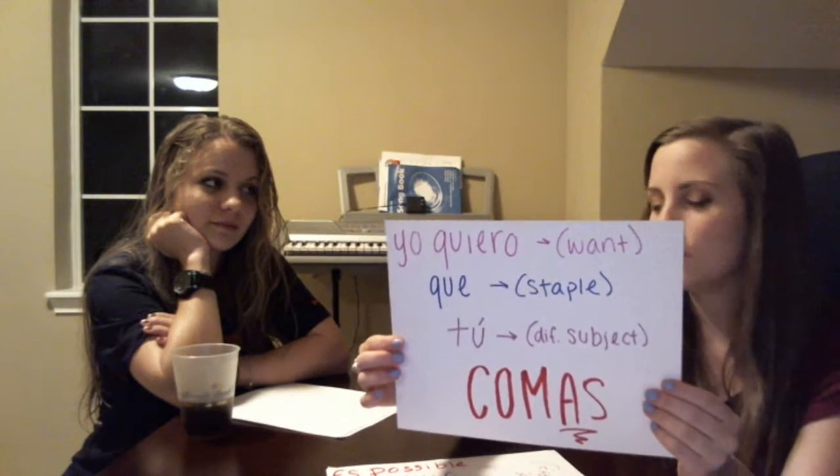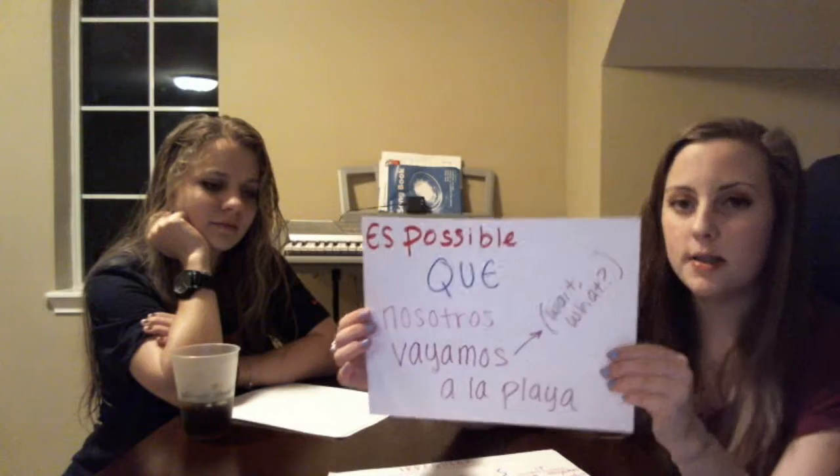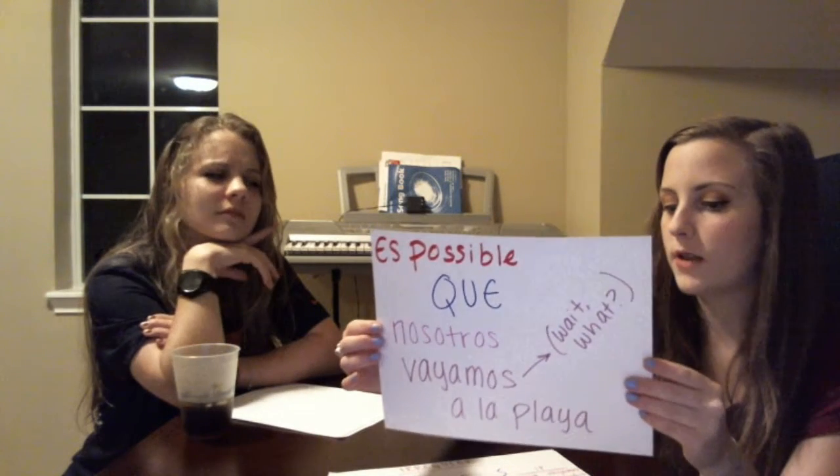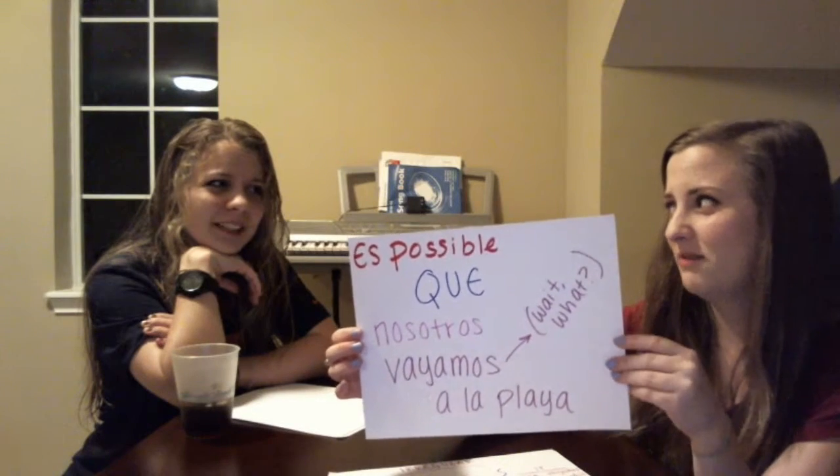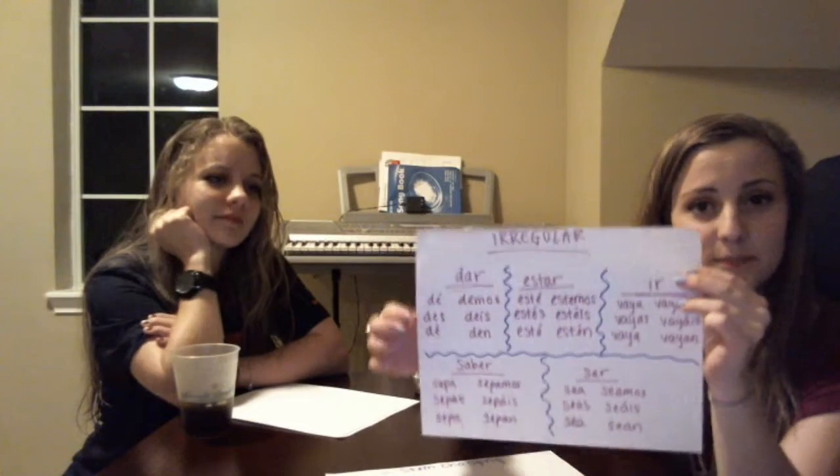So yo quiero que tú comas. And then the last one is es posible que nosotros vayamos a la playa. Wait, there's a Y? Yeah, it's weird, right? Yeah. That's because it's an irregular verb.